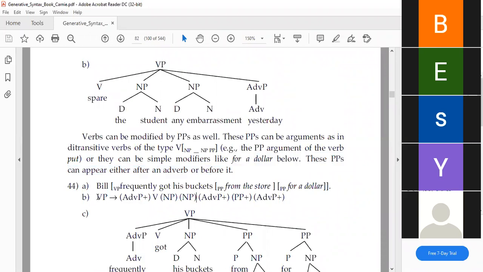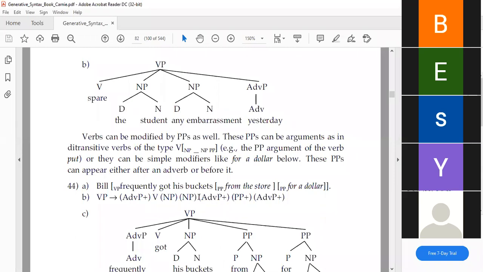So the rule becomes: VP consists of optional ADP plus, obligatory V, optional NP, optional NP, optional ADP plus, optional PP plus, then optional ADP plus. Be careful here. We don't mean that we must have, but that we can have.